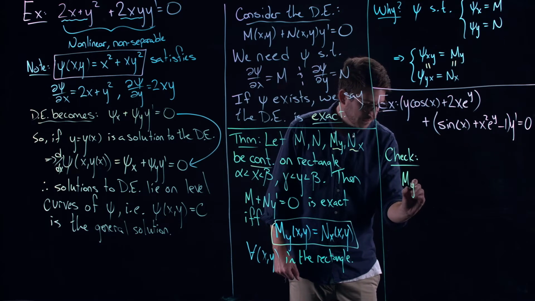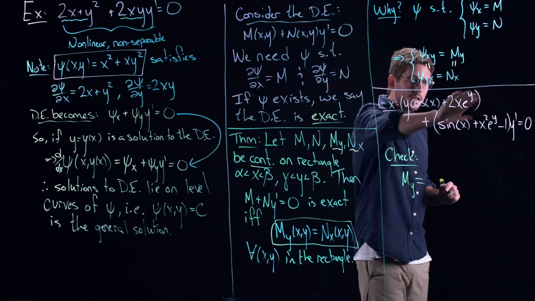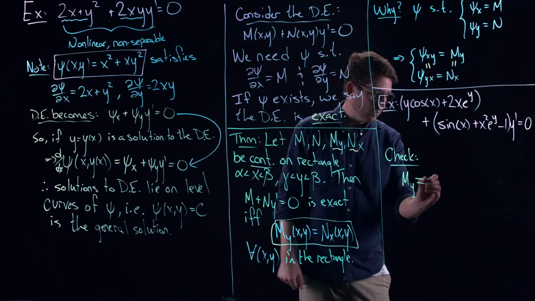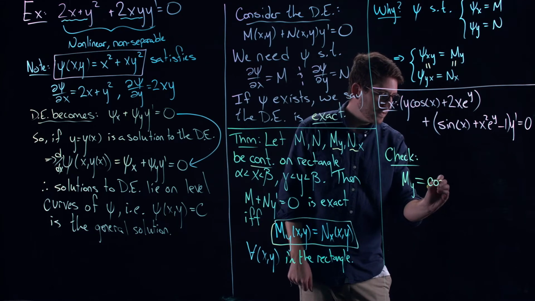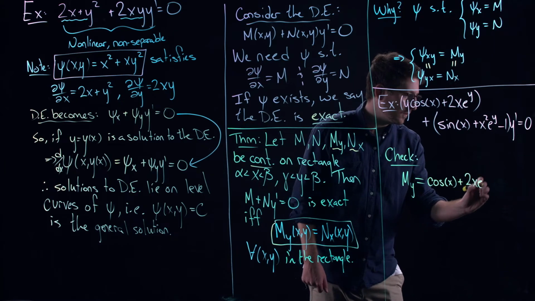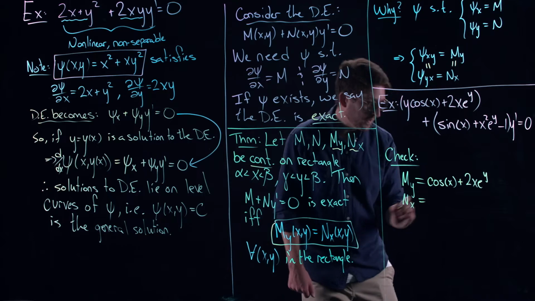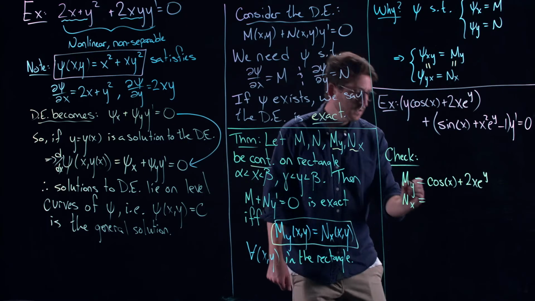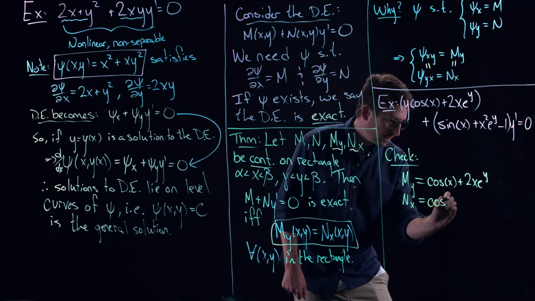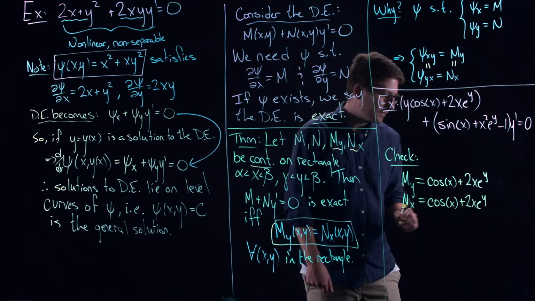M sub y. Well, if I take my M function right here and differentiate it with respect to y, again, just a nice, easy partial derivative, 2x e^y. That's good. N sub x, if I take a partial derivative here, I get cos x, and then plus 2x e^y.